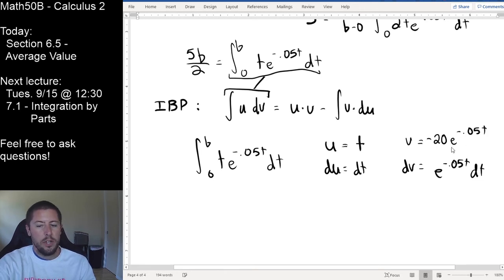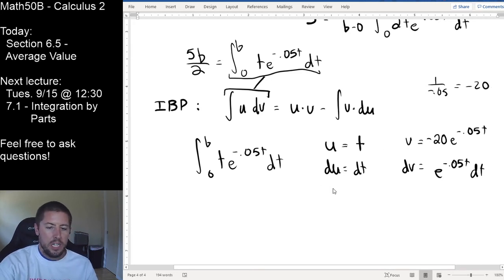If we took this derivative, it would pop down a negative 0.05. Negative 0.05 times negative 20 is 1, so that's the exact constant multiple we need to cancel that. I should also say 1 over negative 0.05 is negative 20. I think of that as a 1 over a decimal. It's just that negative 20 right there.